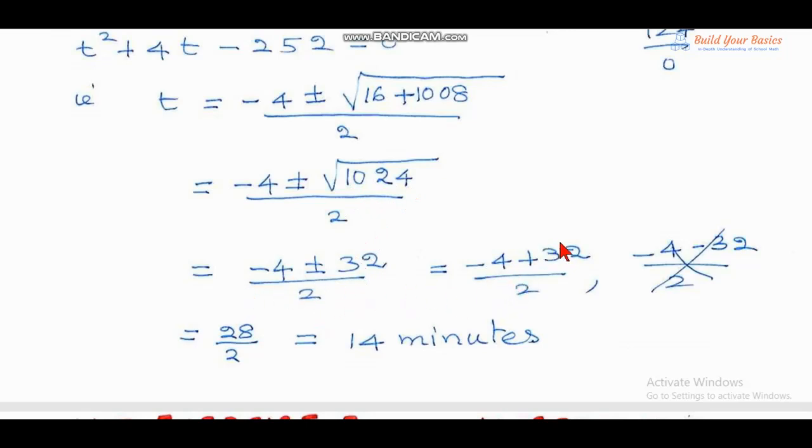That is minus 4 plus 32 by 2, minus 4 minus 32 by 2.